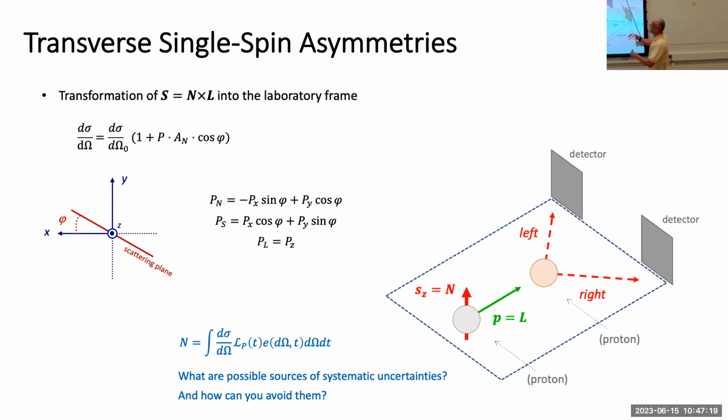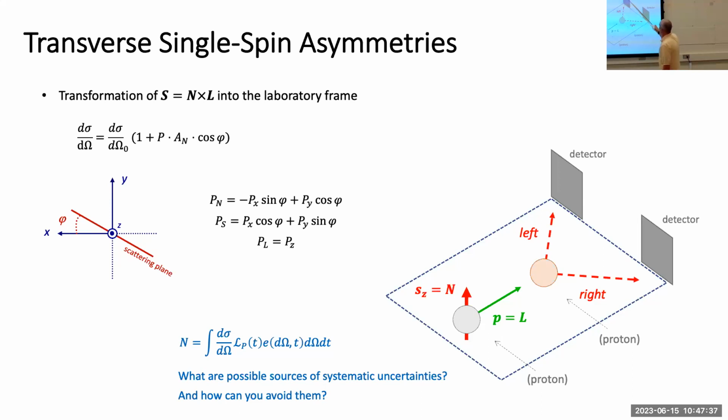So for the experiment itself that we want to do, like I said before, this is all talking about the scattering plane. So it's defined by my scattered and recoiled particle and the beam direction. When I do the experiment, I talk about the lab frame.